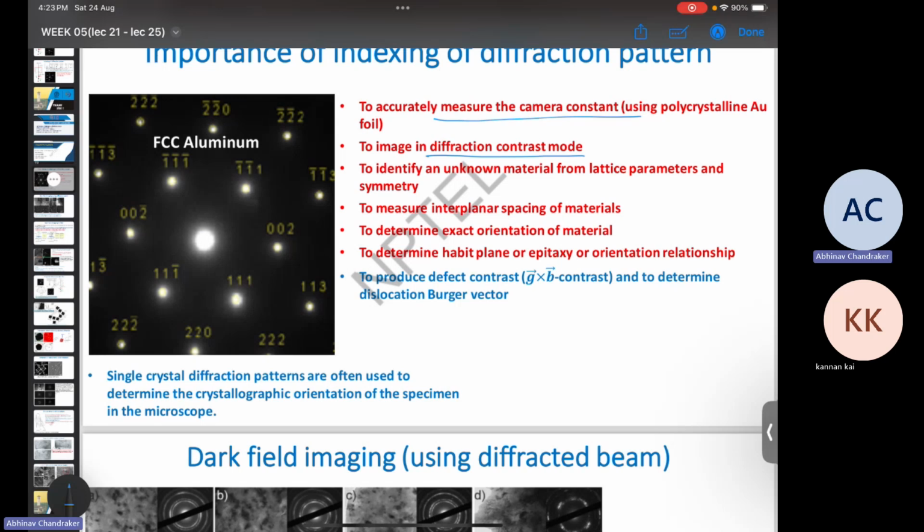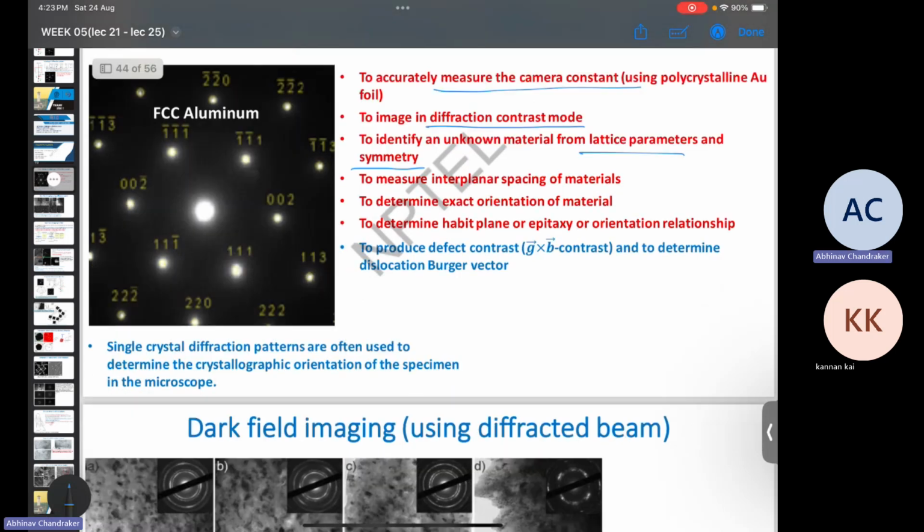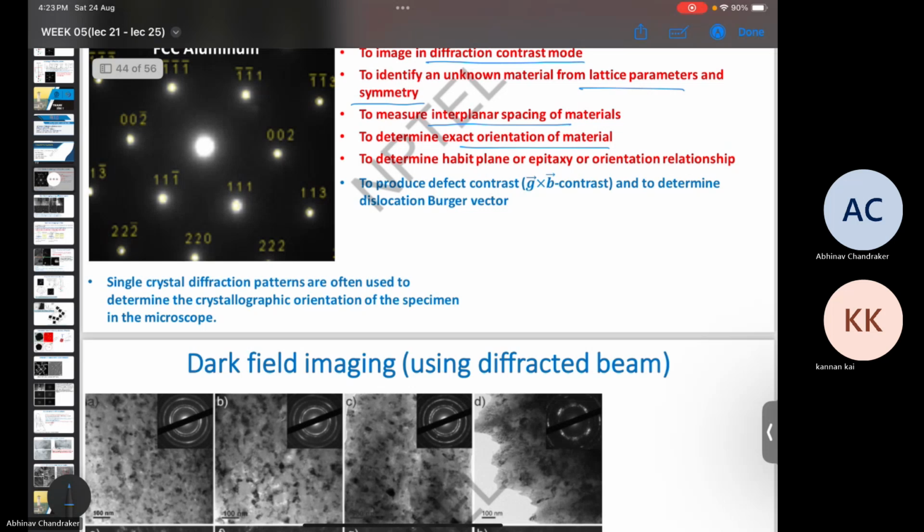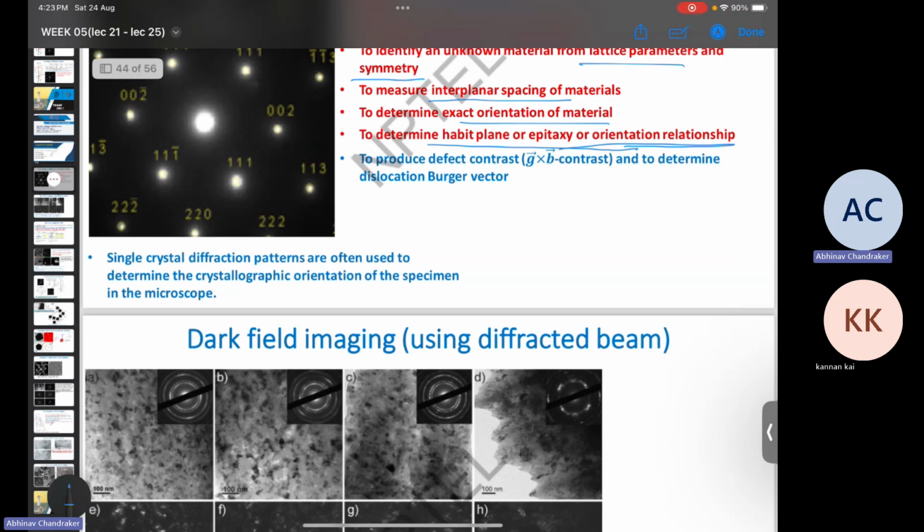Then we can know lattice parameters and symmetry information of an unknown material, that is structure related information. We can get the interplanar spacing, the orientation of the material, then the relationship between the different planes, or the orientation relationship between the planes. Also, we can get some defect related information, which I'll get into later.